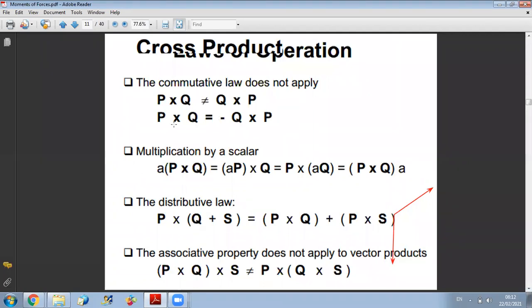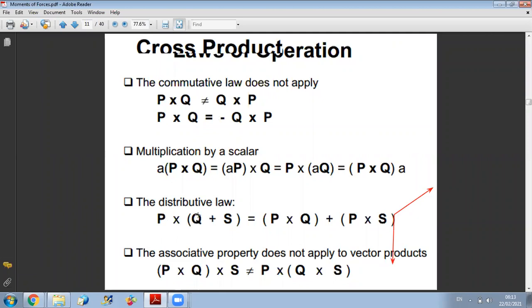Now, if we multiply P vectorial Q by a certain scalar A, we can take the scalar with the first vector, or with the second vector, or we can put it at the end because it's a number. So for the number, you can put it wherever you want. It will not change anything. Now, in case I have P vectorial (Q plus S), I can do the development as in numbers.